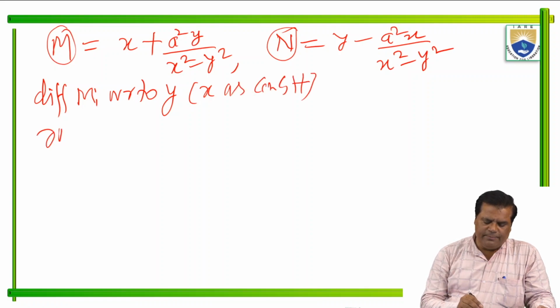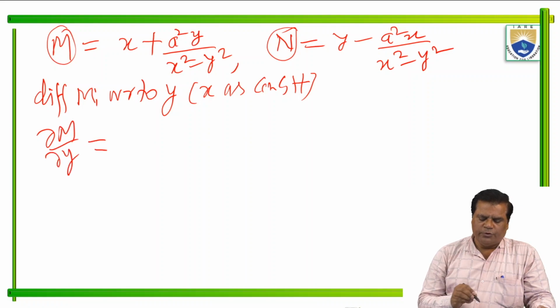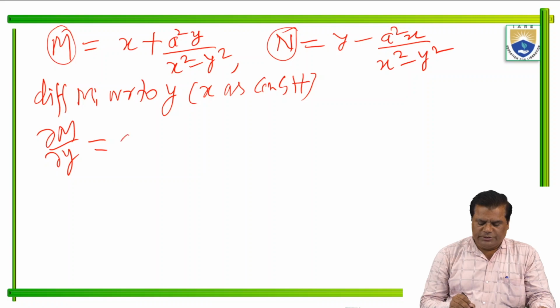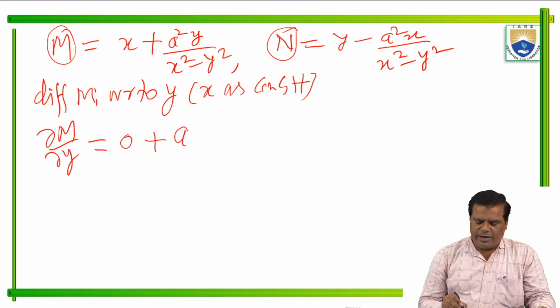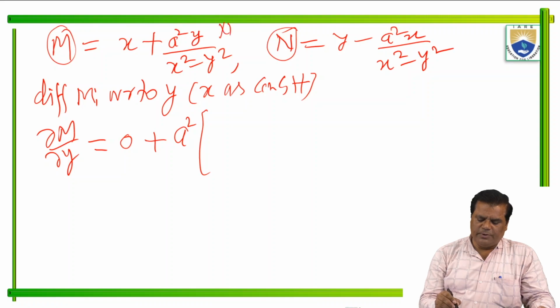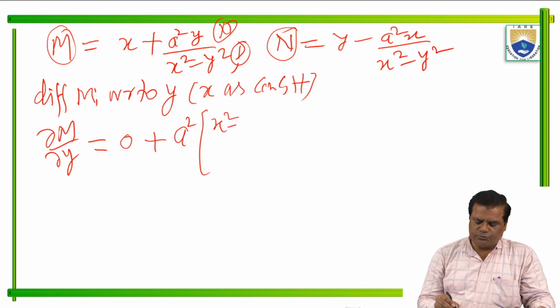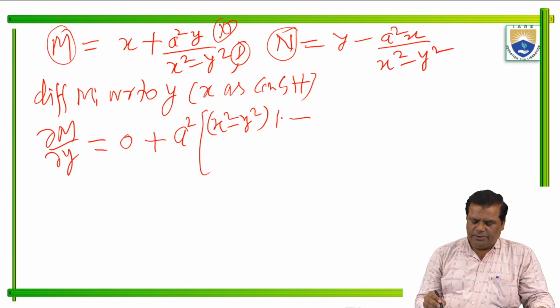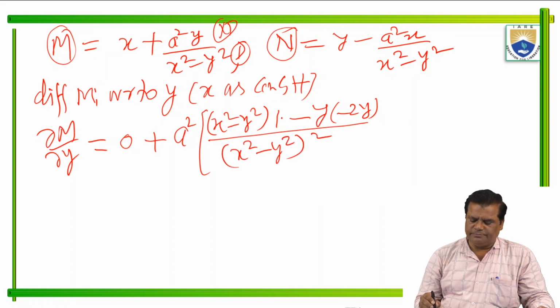So we get del M over del y, x as a constant. This result is 0 plus a square and differential of this numerator and denominator using the formula. Here denominator x square minus y square, differential of numerator is 1, minus numerator, differential of denominator is minus 2y, upon denominator whole square, x square minus y square whole square.